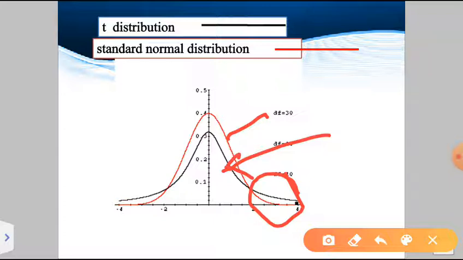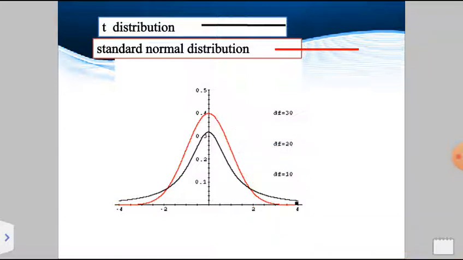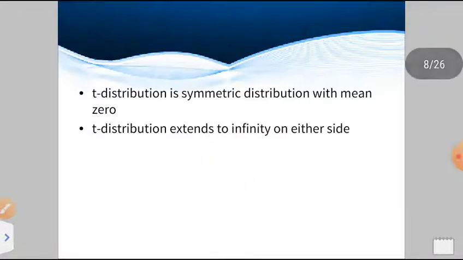It approaches and continuously goes to infinity. So these are the two main differences between the t-distribution curve, the mound-shaped curve, and the bell-shaped curve. The same thing is written here: the t-distribution is a symmetric distribution with respect to mean 0, and the distribution extends to infinity on either side.